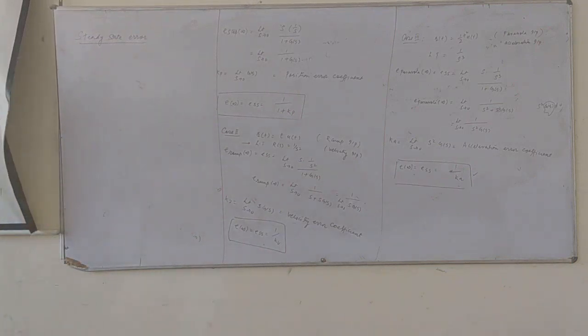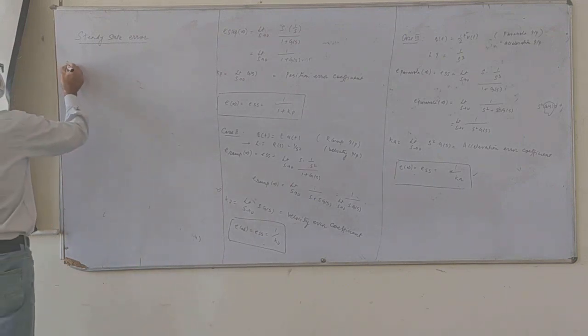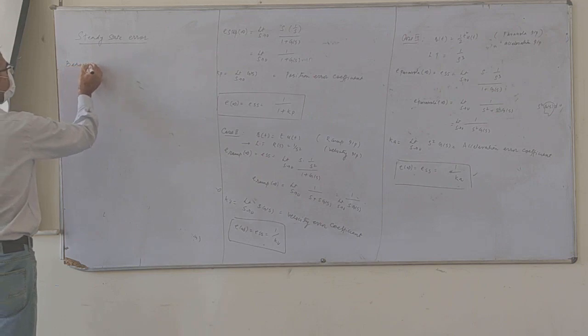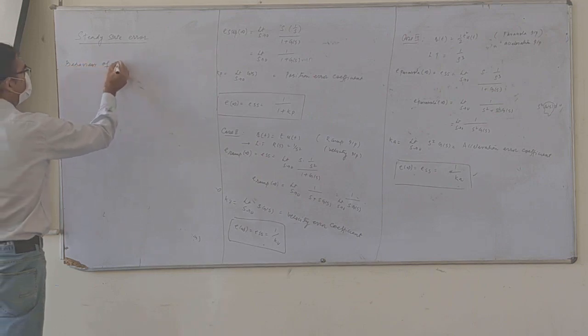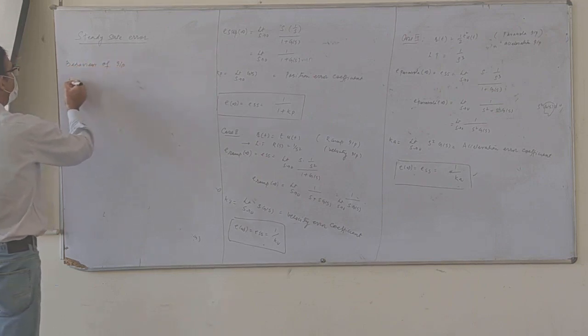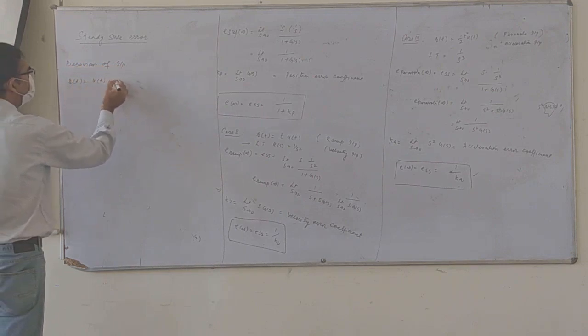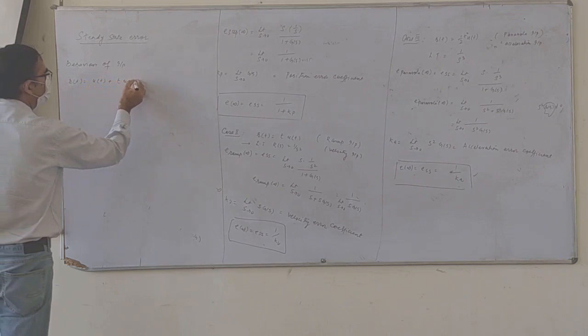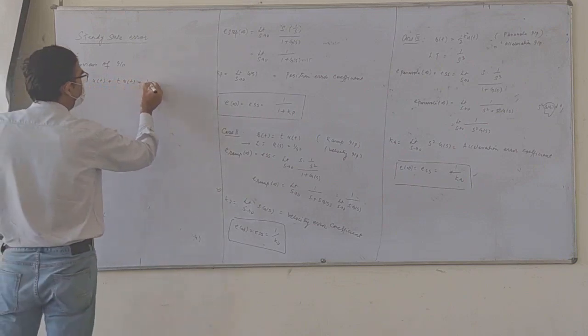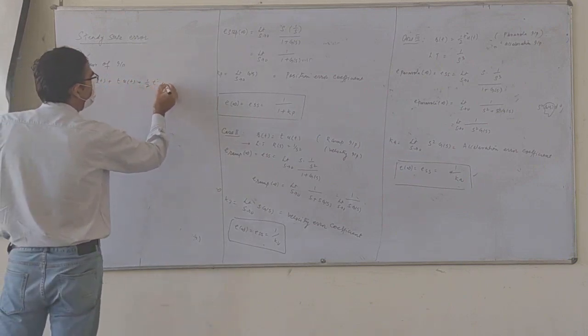I need to see what the behavior is. This is R of t as an input. R of t is given as u of t plus t u of t plus 1 by 2 t square u of t.